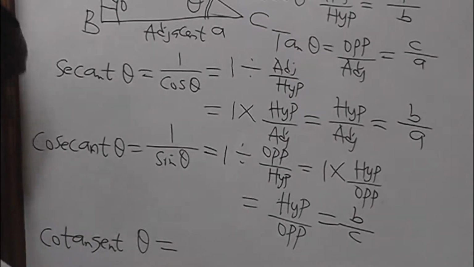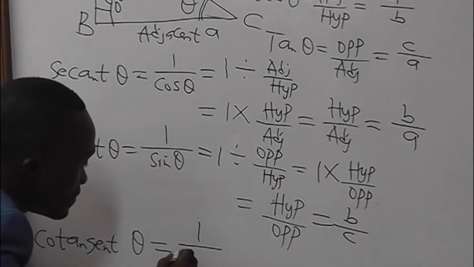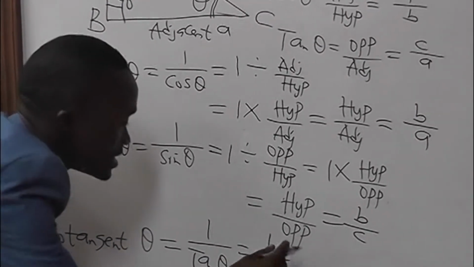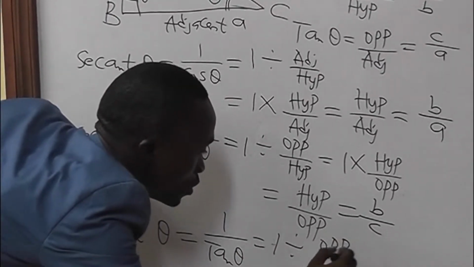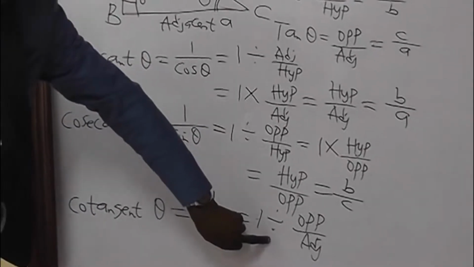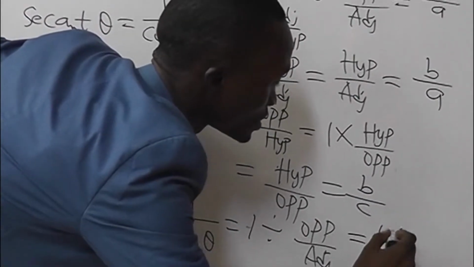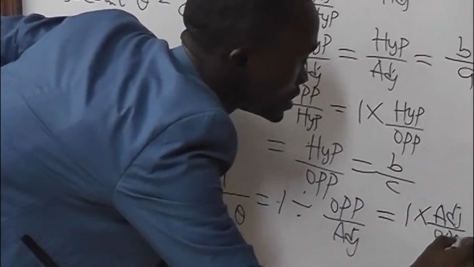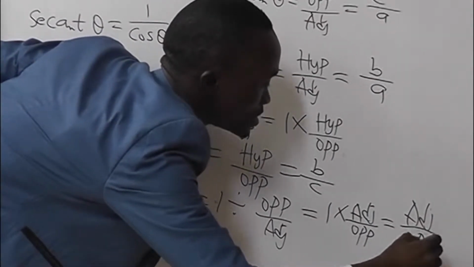Cotangent theta, or we call it cot theta. That one is just the inverse of tan theta. And tan is opposite over adjacent. So by the time we also change this division sign to multiplication, we have 1 multiplied by adjacent over opposite, which is adjacent over opposite.